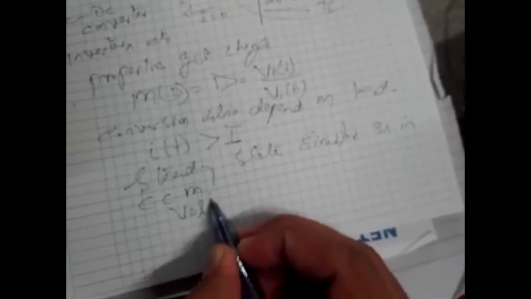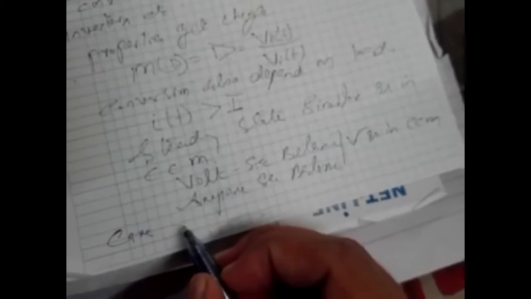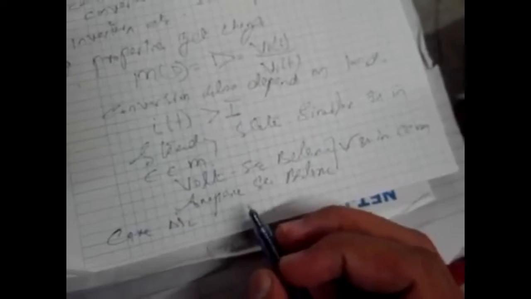We apply the same methods as in CCM, inductor volt-second balance and capacitor charge balance. These two will be the same as in CCM, but care must be taken with the inductor current ripple and capacitor voltage ripple, because here the ripple is so large.